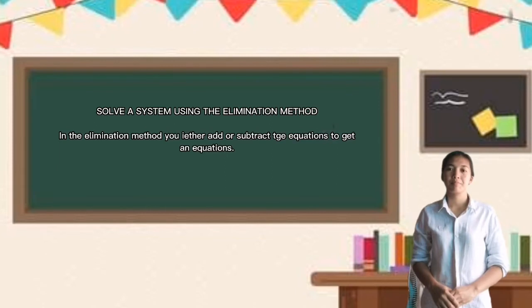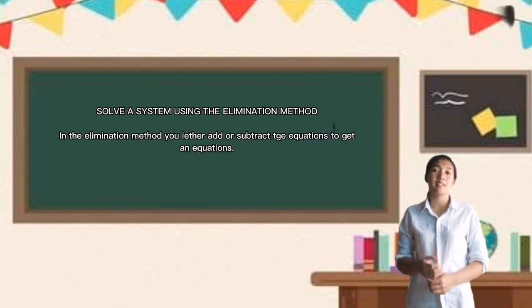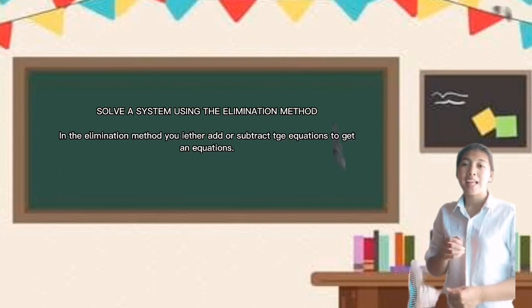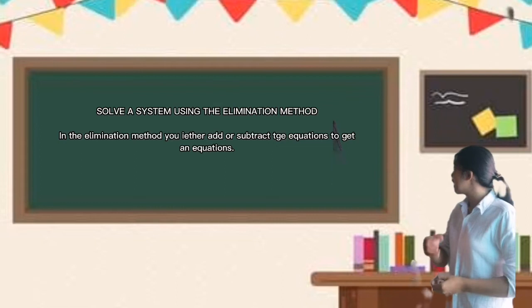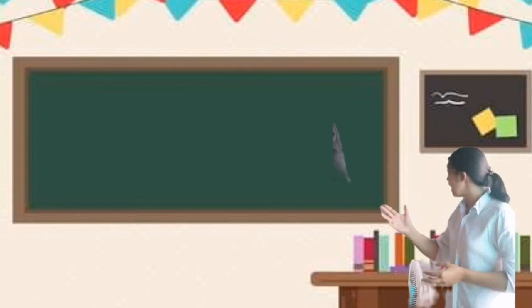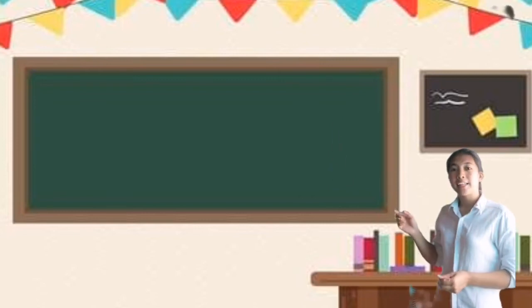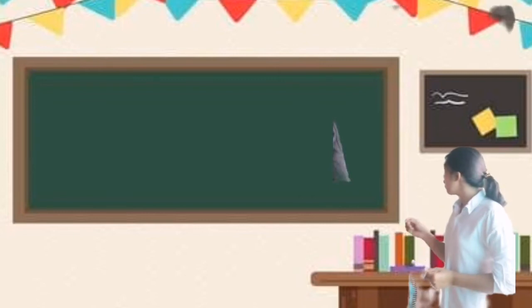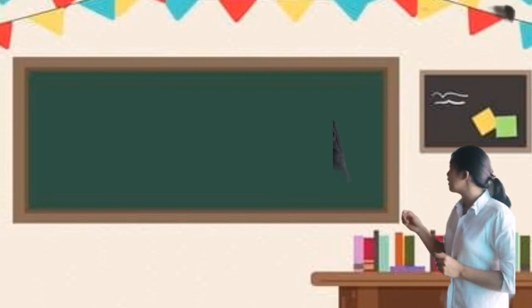In the elimination method, you either add or subtract the equations to get a new equation. So this is the first in solving a system of linear equations.